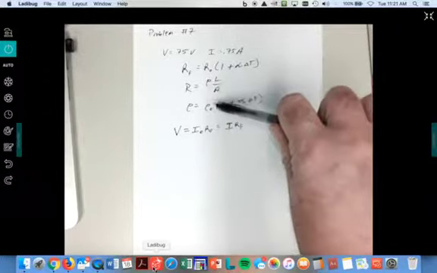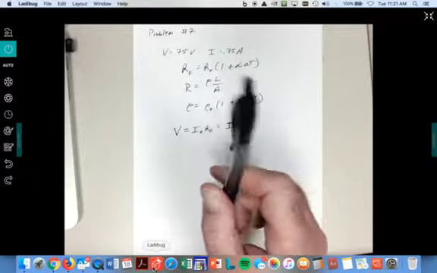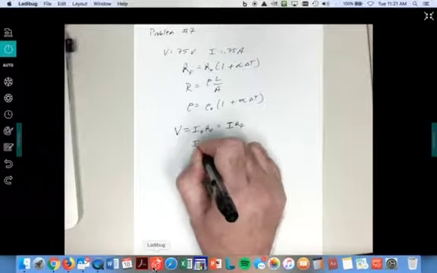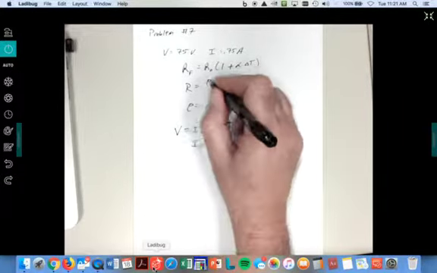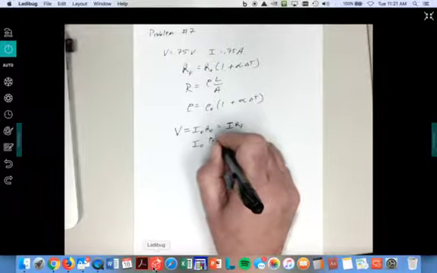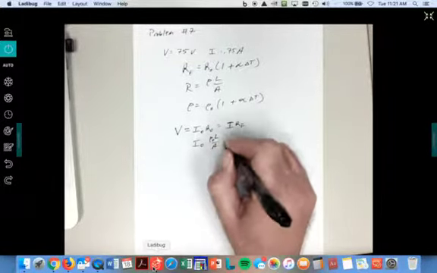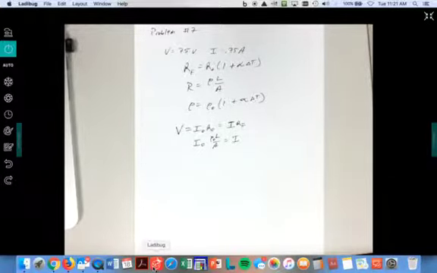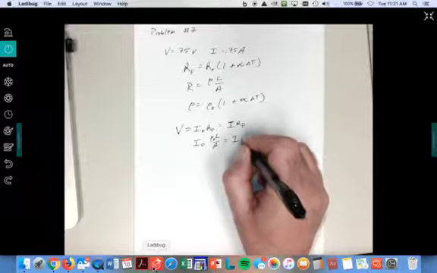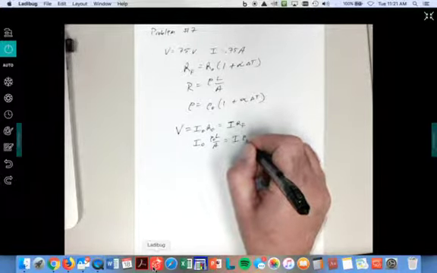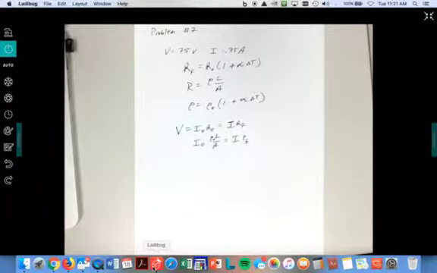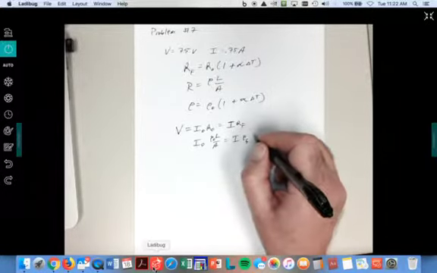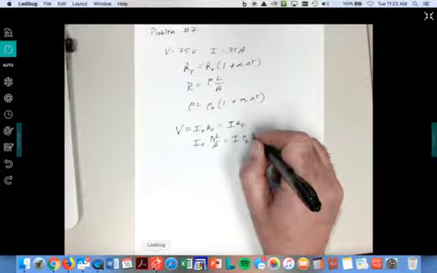If I put in these values, I naught times R, which is rho naught times L over A, is equal to I, after it's heated up, which is the value they gave us, this I is the 0.75, times rho final times L over A.